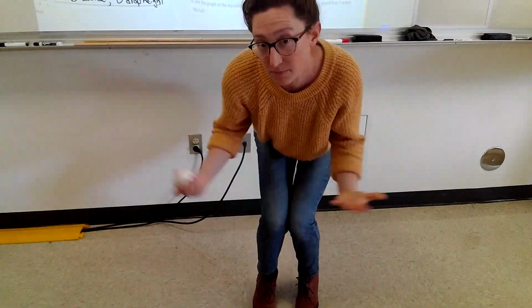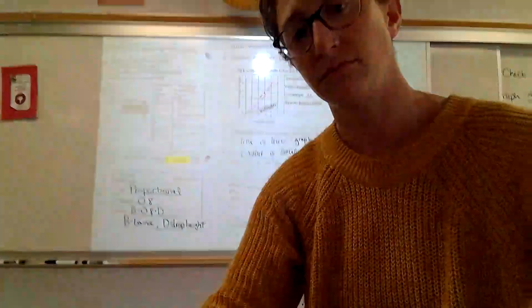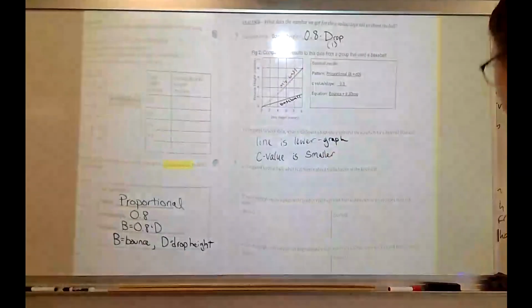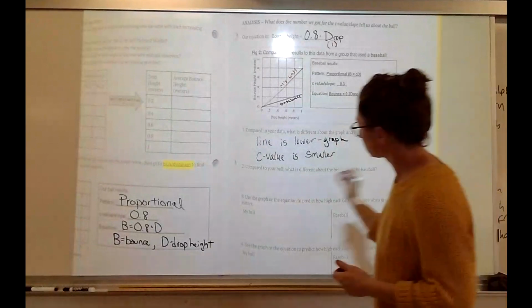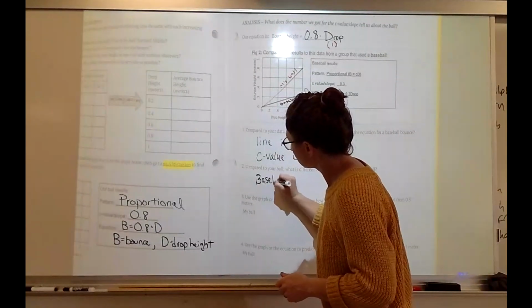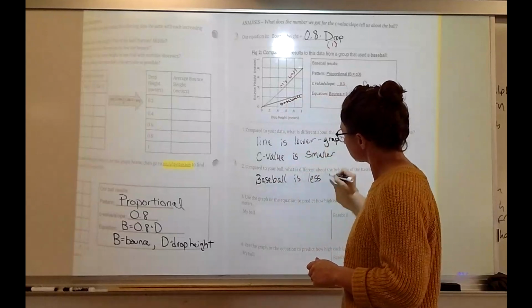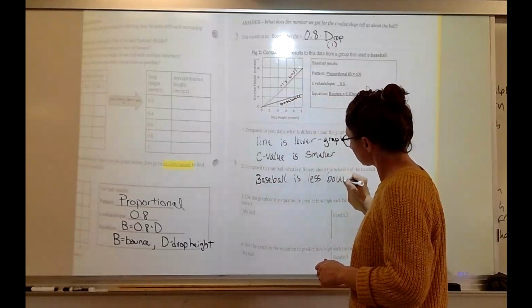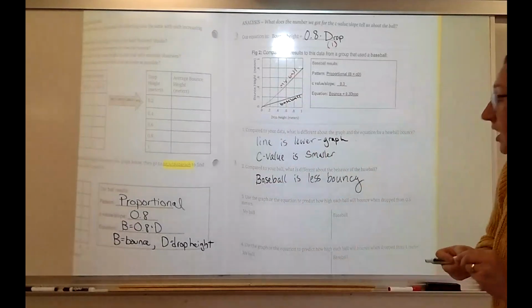The golf ball was bouncier. So the baseball is less bouncy. Okay, that's what I'm looking for.